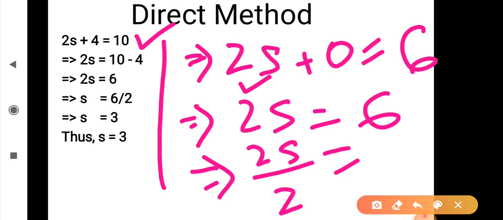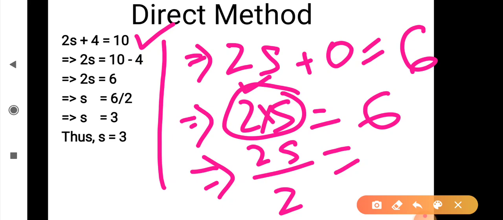You cannot make everything to be 0 out here. If everything turns out to be 0, suppose you divide 2 by 0, then everything will become 0, so your variable also will vanish along with it. So you cannot do that. Whichever term or coefficient you want to remove, simply remove it by using its opposite operation.